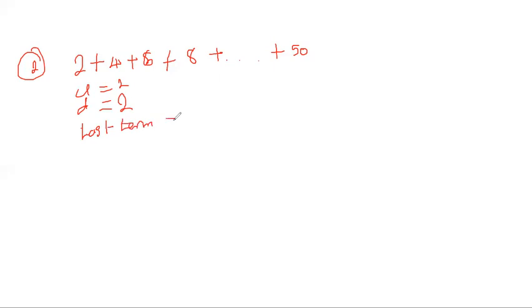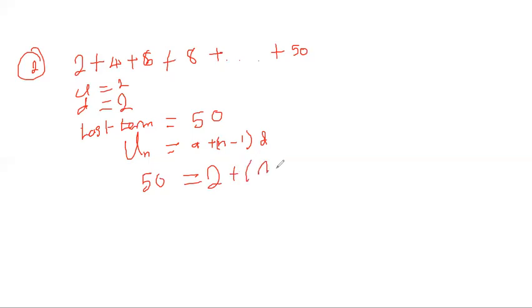Last is 50. So substituting in the formula, last term equals A plus n minus 1 times D. So we shall have 50 is equal to 2 plus n minus 1 times 2, which is 2n minus 2.